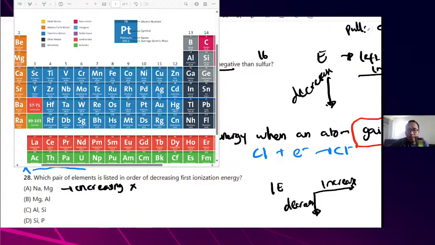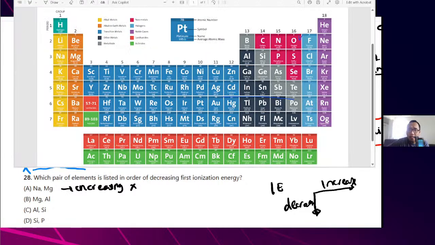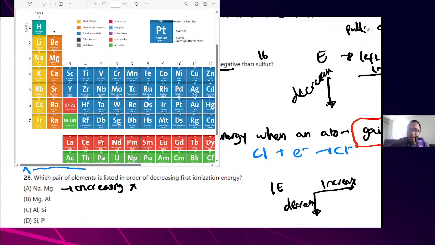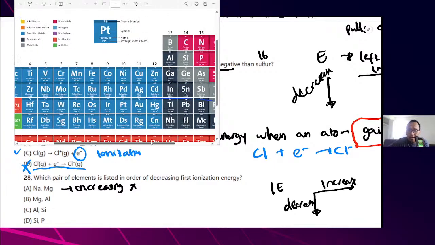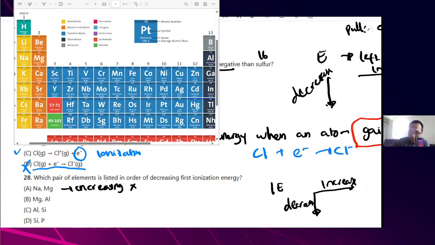The issue here is that Al is to the right, and Mg is to the left of Al. However, because of electron configuration, if we take a look at this, it will be much clearer. 1s2, 2s2, and then 2p6.